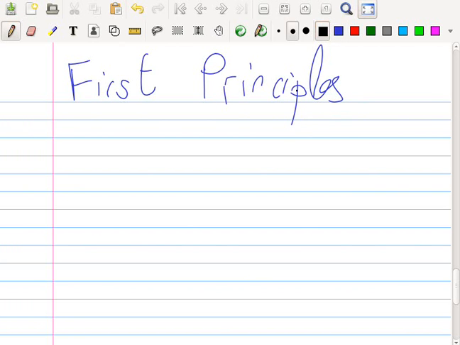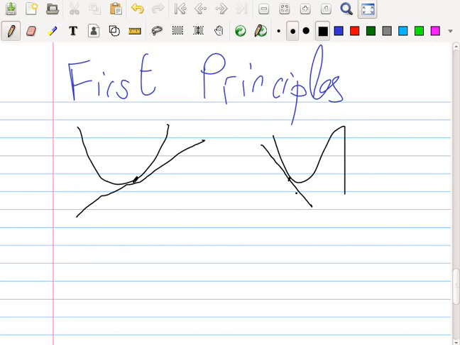Here's the situation. If I give you a quadratic, you know how to find tangent line to it, right? But if I give you a cubic, you don't actually know how to find the tangent line. Why not? What's different about these two situations that lets you find it here, but not here?